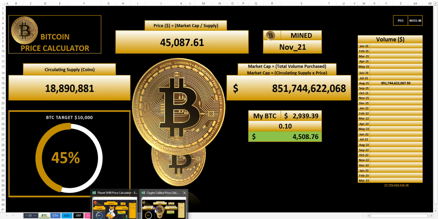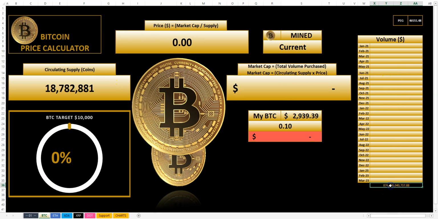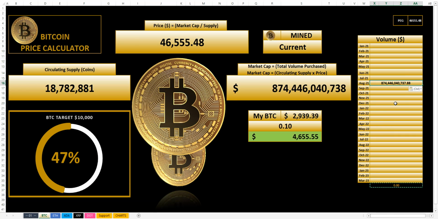It actually is 782,881. So I'm just going to calculate the proper market cap at the moment. So anyway, now we are all in line with the market.